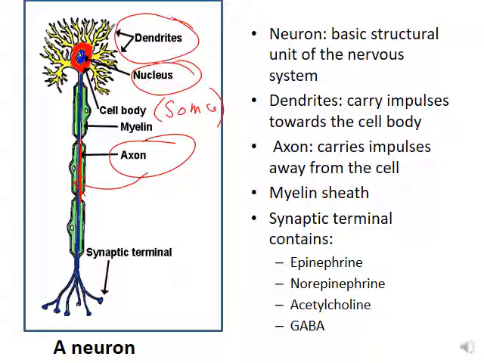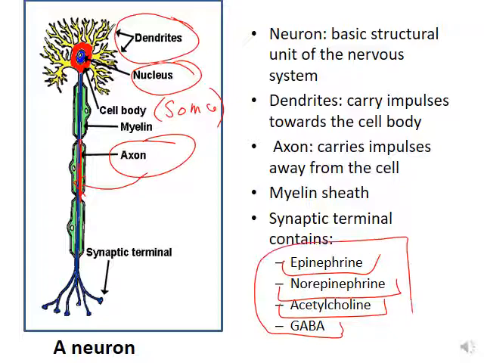Dendrites carry impulses toward the cell body of the neuron, and the axon carries impulses away from the cell body. The myelin sheath has a different role. The synaptic terminal contains many neurotransmitters. They contain epinephrine, norepinephrine, acetylcholine, and GABA. All of them, we're going to talk about in the last stage of this chapter.